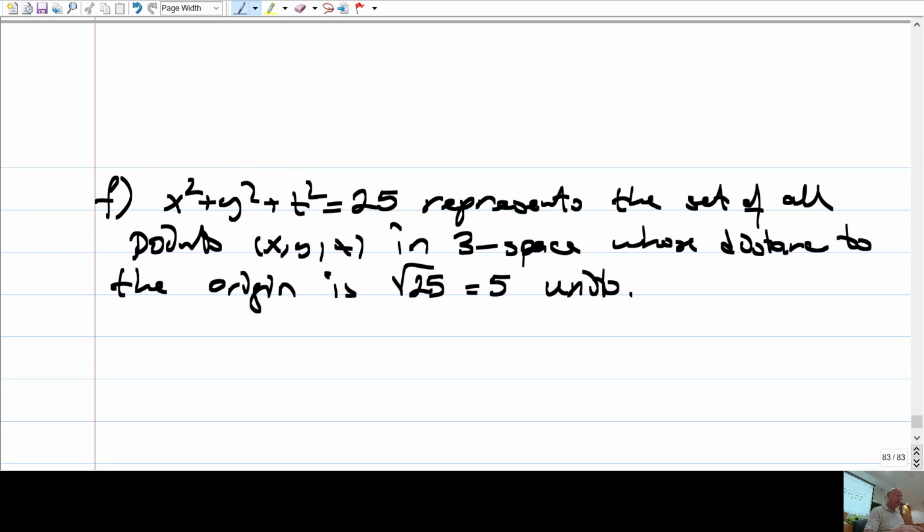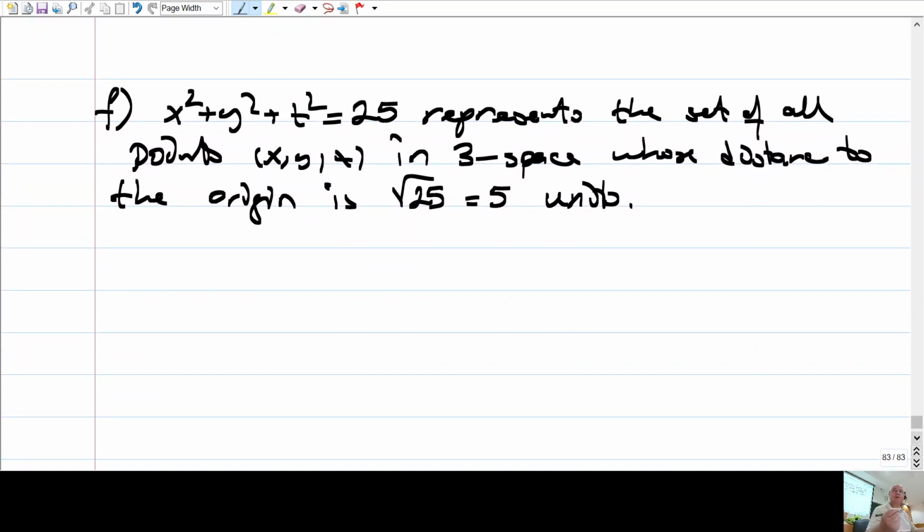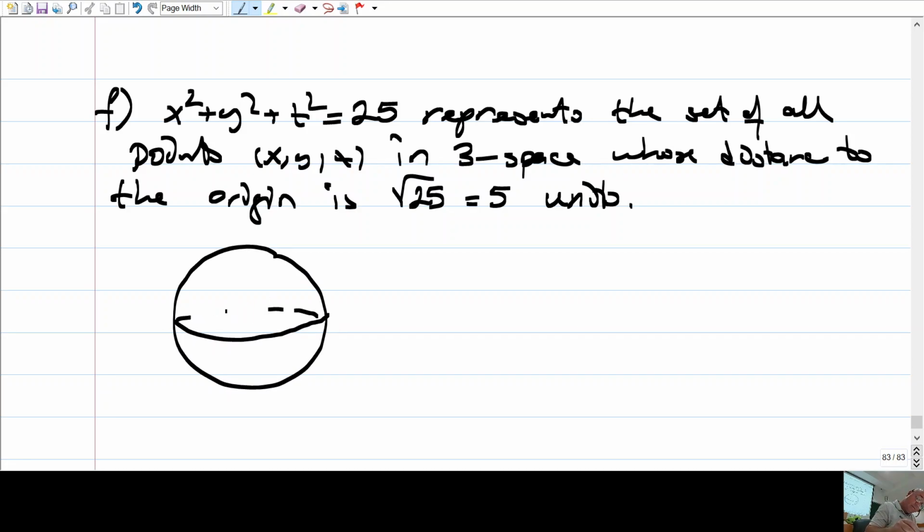Therefore, this equation represents all the points in three space so that the distance from that point to the origin is 5 units. But this geometric object has a name, right? This is the sphere of radius 5 with center at the origin. So this is nothing but the sphere, right? With center at the origin and radius 5 units. Okay? In the XYZ three space.